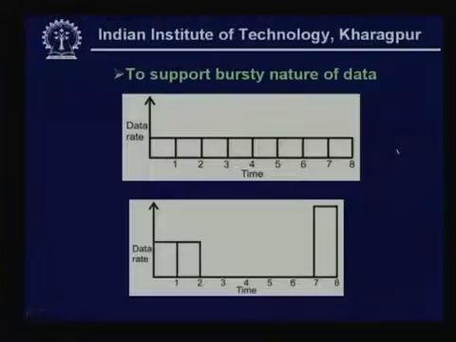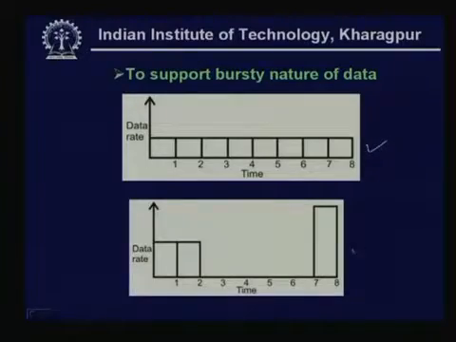But unfortunately, in the present day context, it is necessary to have bursty data, because computer communication uses bursty data. For example, this is the stream data flow, this is the bursty data flow, and frame relay has been designed to support this bursty nature of data. So, the data can be sent in bursts, as you can see.